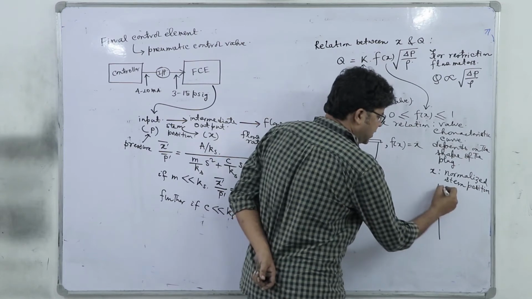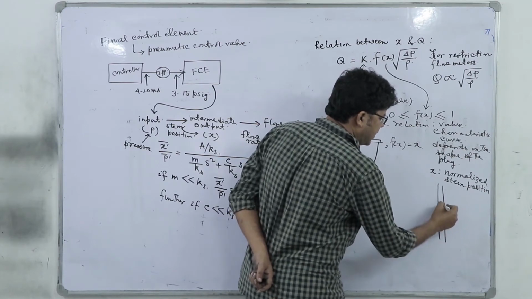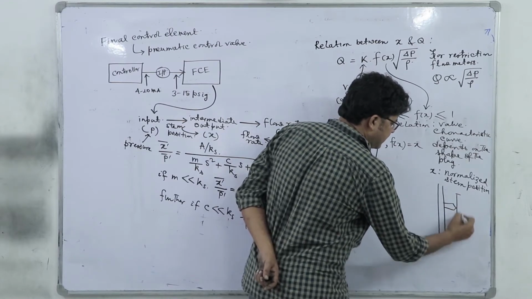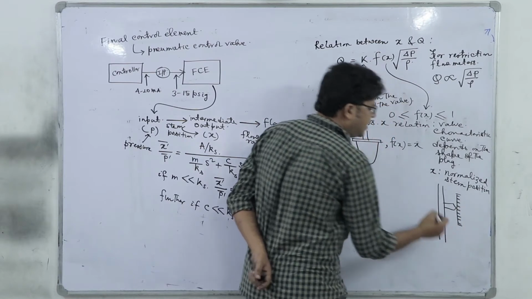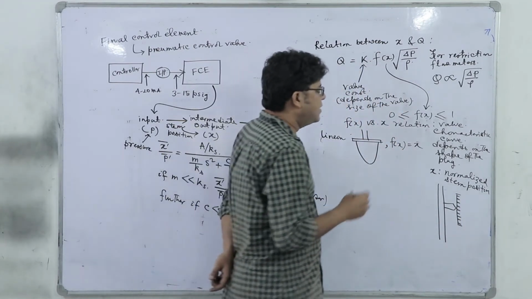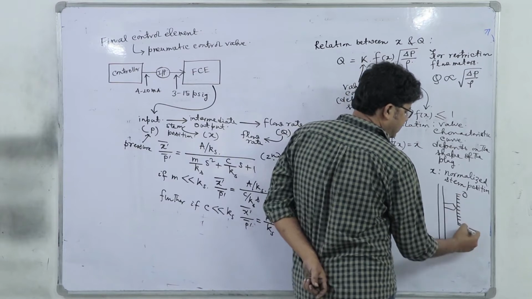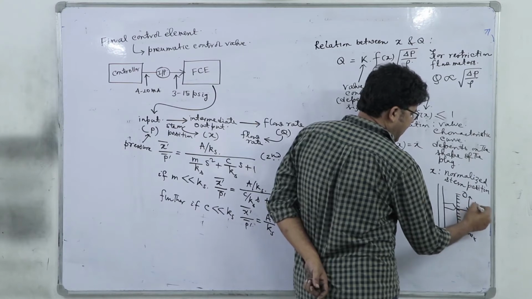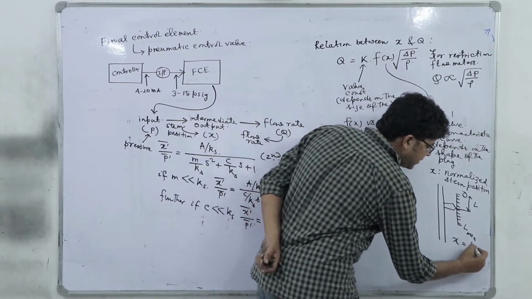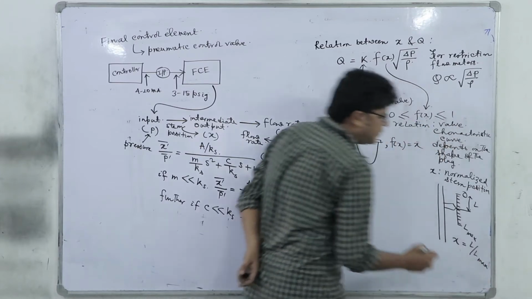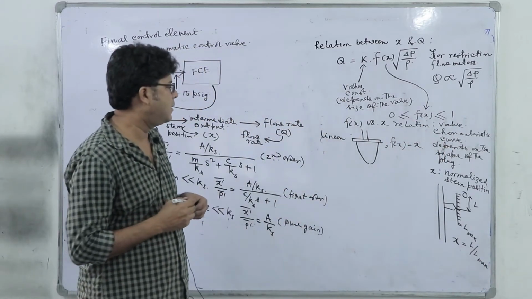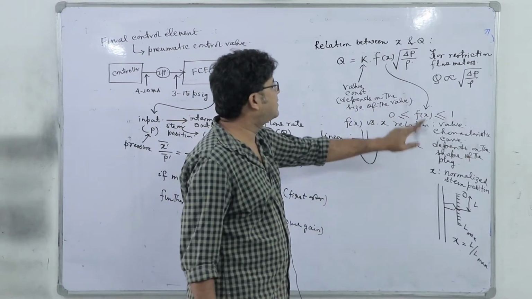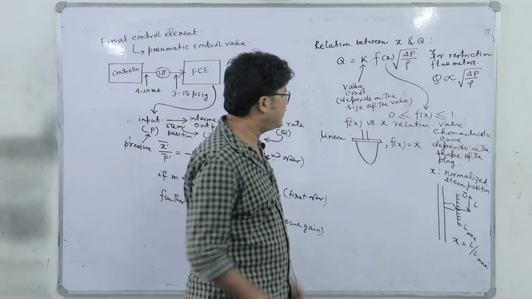In the second order discussion we gave an idea that we mark a point on the stem by means of a pointer and there is a scale, and the reading on the scale is the stem position. If this is 0 and this is L max and the stem position reads L, then x is equal to L by L max. So it varies between 0 and 1, and naturally if f(x) is equal to x, it will vary between 0 and 1.